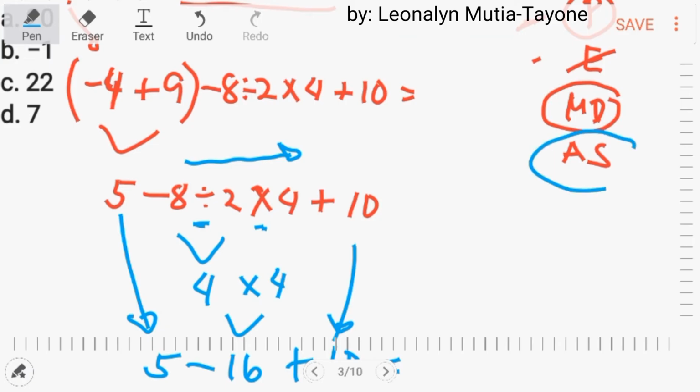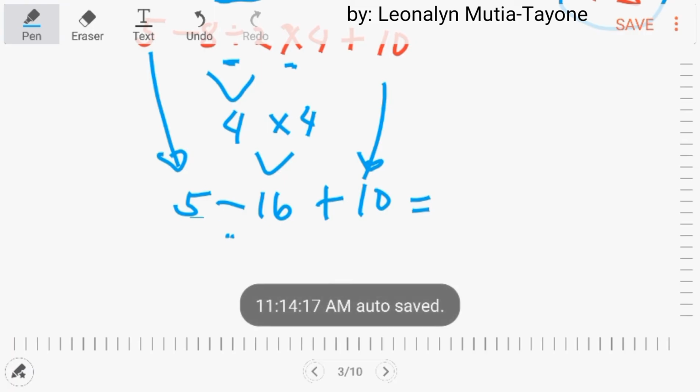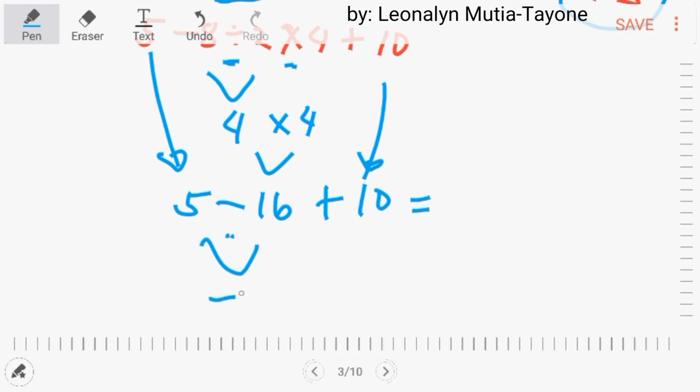Sa order of operation, next, addition or subtraction, whichever comes first from left to right. Nauna si subtraction, so we will do subtraction first. 5 minus 16, and that is negative 11 plus 10. So, negative 11 plus 10, different signs, so mag-minus tayo. And the answer is negative 1, kasi kinakarry natin yung sign ng may mas malaking value.